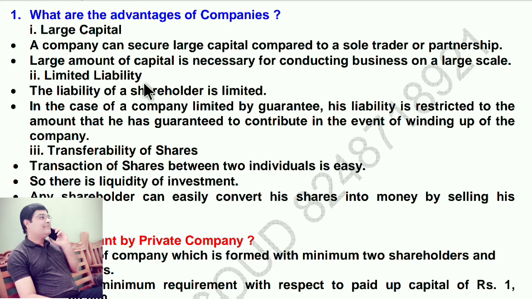Second point, limited liability. The liability of a shareholder is limited. In case of a company limited by guarantee, his liability is restricted to the amount that he has guaranteed to contribute in the event of winding up.